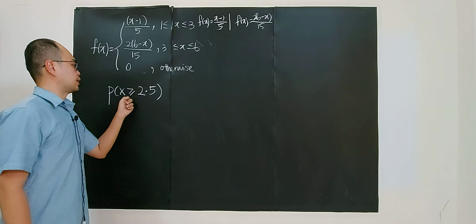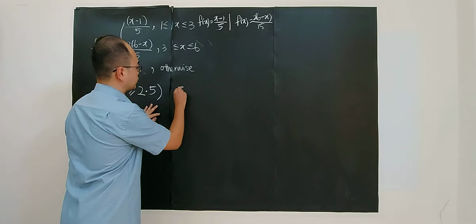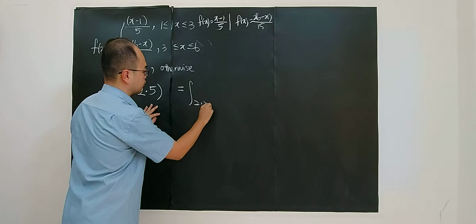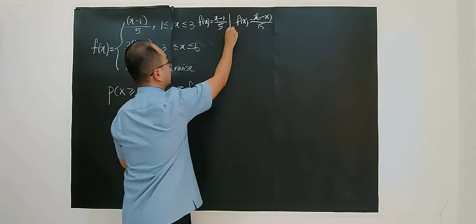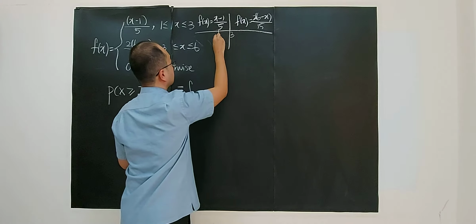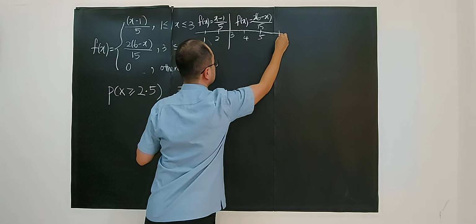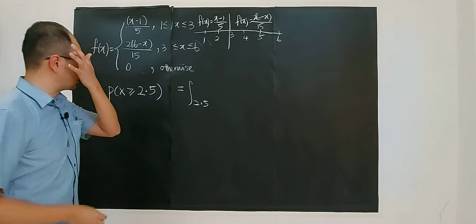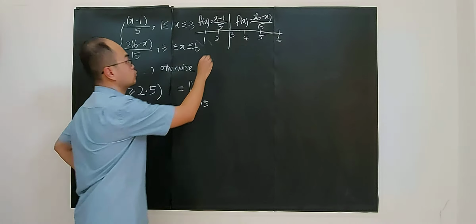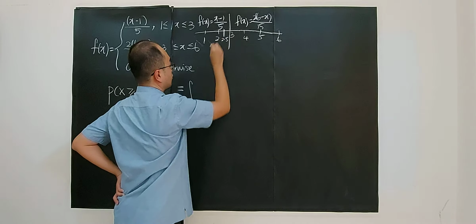So if you say that x is greater or equal to 2.5, you are actually integrating from 2.5, because it's above. If you look at this, you have 1, 2, 3, 4, 5 and 6, up to 6. So 2.5 is around here, and above.